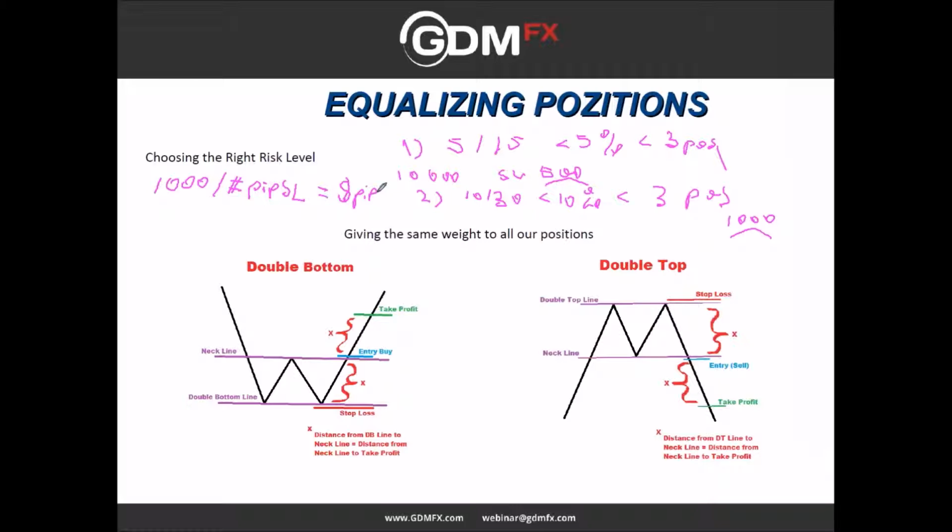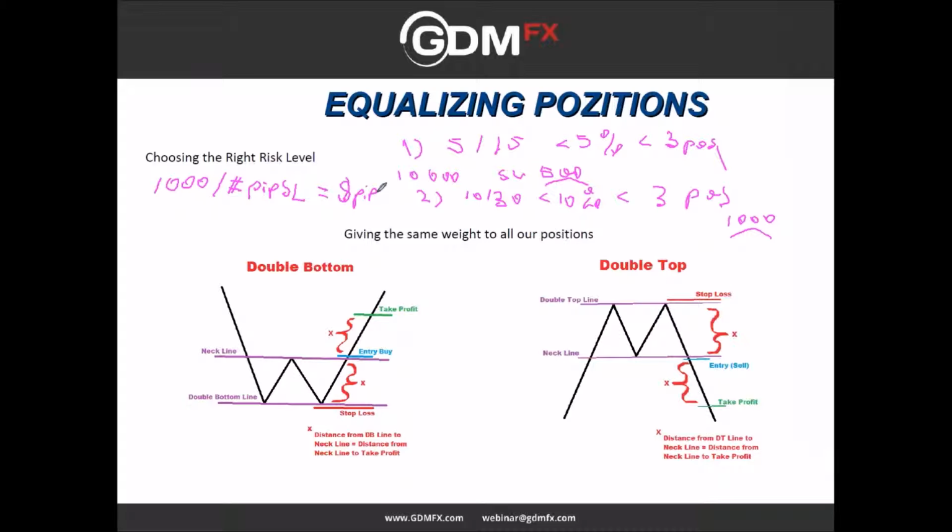From cash per pip, now we can arrive at the number of lots we want to buy or sell. Let's take an example with the euro-dollar: for one lot position, cash per pip is $10.